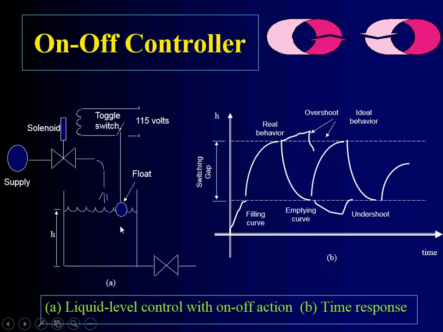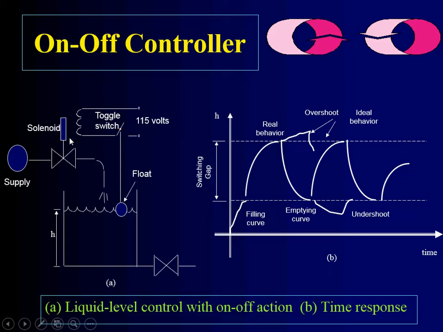So how does it work? If this is time and this is the height of the tank, you have this curve to fill it up like this. It will operate like this.